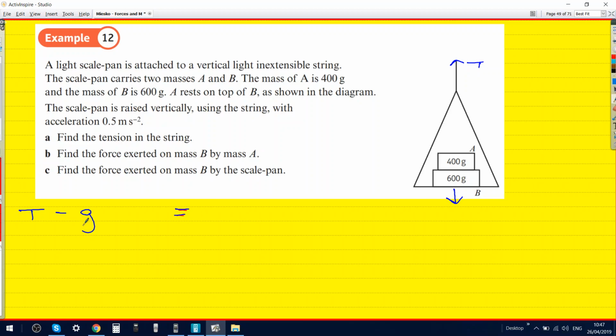And then 0.5 times 1000 or 1. So mass in kilos would be 1. Yeah.